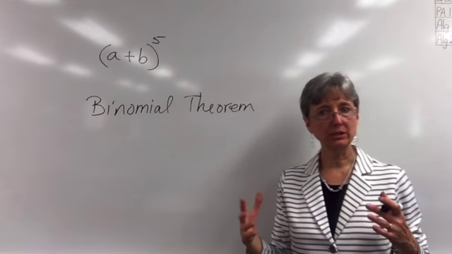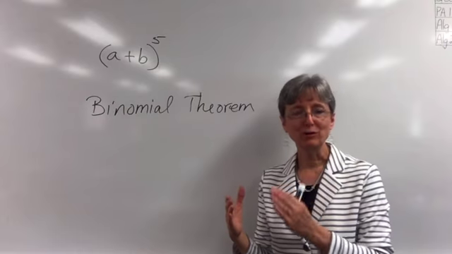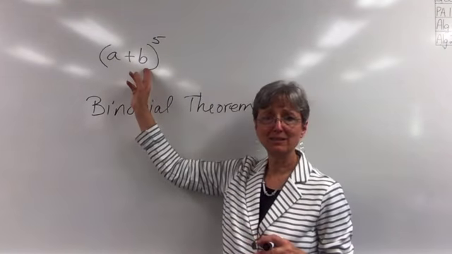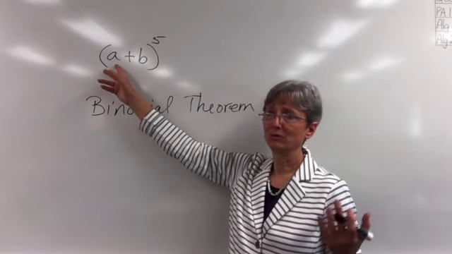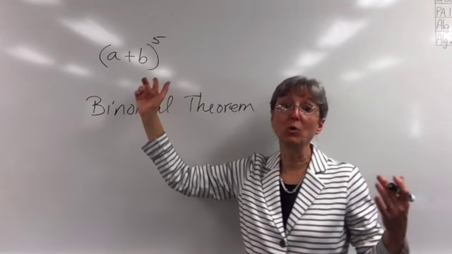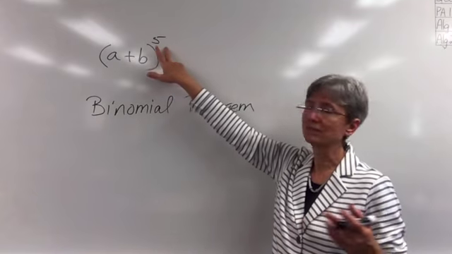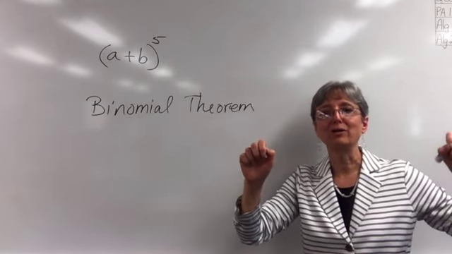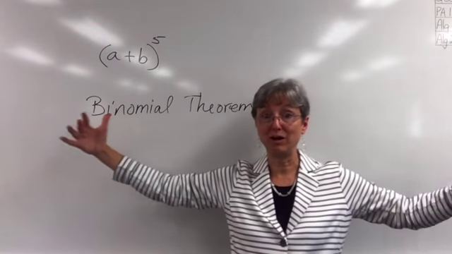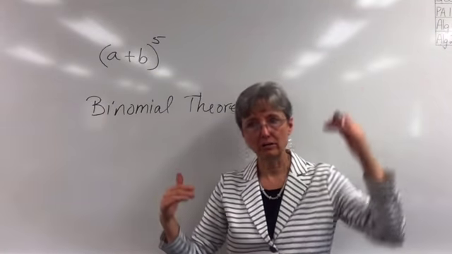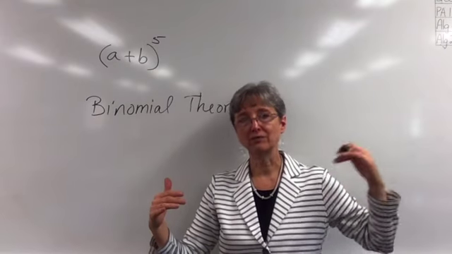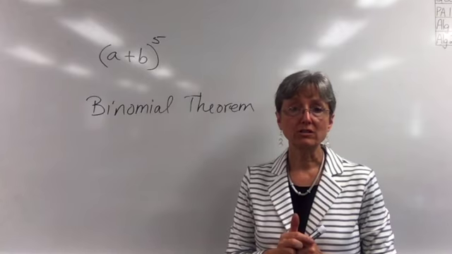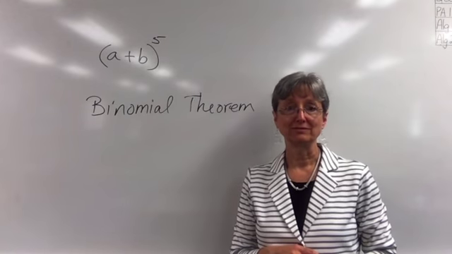It seems a little bit complicated, but if you just follow the steps, you can have even a complicated binomial like 3x plus 2y raised to the sixth power, and just follow those steps and figure out what the entire polynomial would be, rather than multiplying it out again and again. So it all starts with Pascal's triangle.